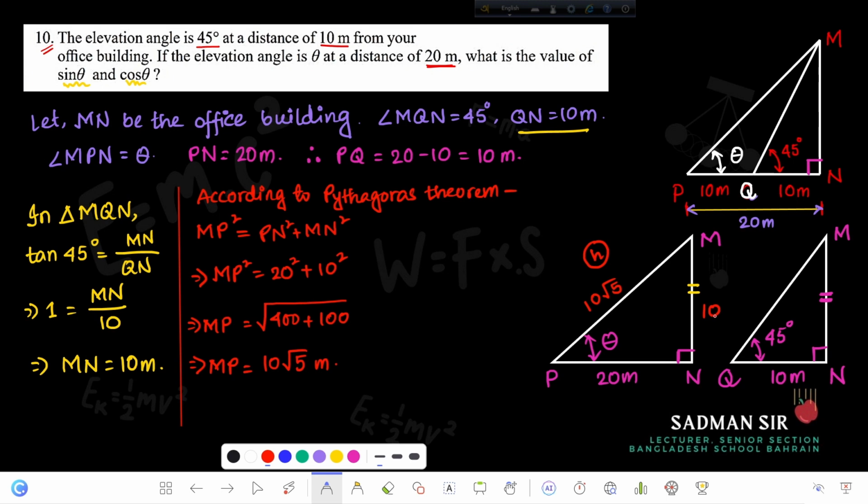We will write it 10, and then this is opposite for this angle theta, and this 20 meter is actually adjacent, right? So whatever I have written just now, you will write it with pencil, because later we need to erase it. This value is not given in the question, so that is why you cannot put them in the figure.